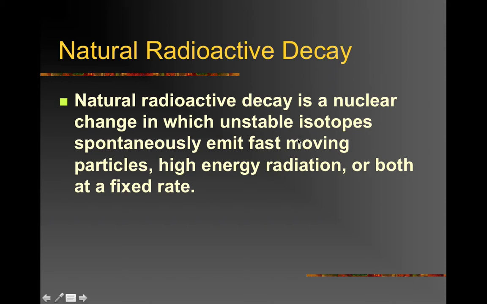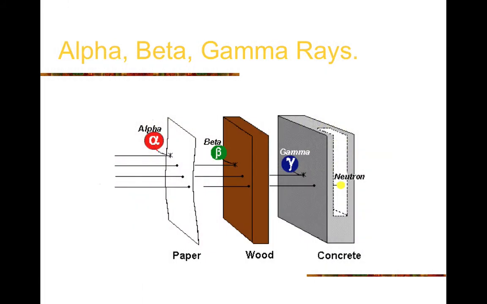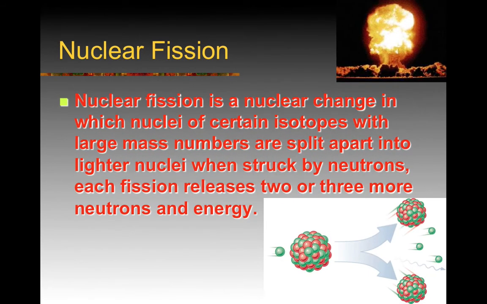These are very unstable, but they do produce a lot of energy. So therefore, the nuclear radiation is producing a lot of energy. This is just showing alpha, beta, and gamma particles and what it takes in order to stop those particles. The paper for alpha, wood for beta, and this is actually a 3 meter thickness of concrete, or you could just have a thin lead wall to stop that.